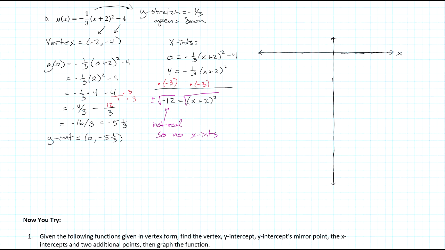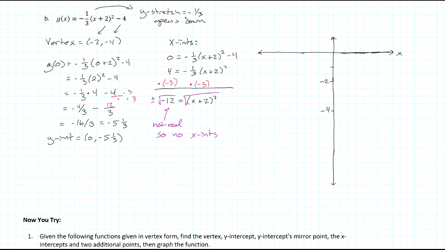The y-intercept's at negative 5 and 1/3. I think because that y-intercept's relatively small, especially with all the space I have here, I'm going to stretch the y-axis down. Negative 1, negative 2 is here. Negative 4.